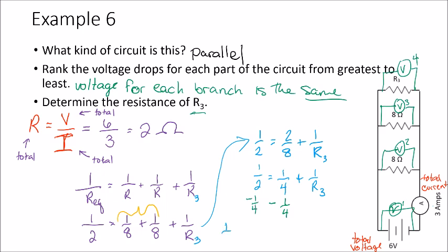So we have 1/2 minus 1/4 equals 1 over R3. 1/2 minus 1/4 is 1/4. So that means our third resistor is 4 ohms.